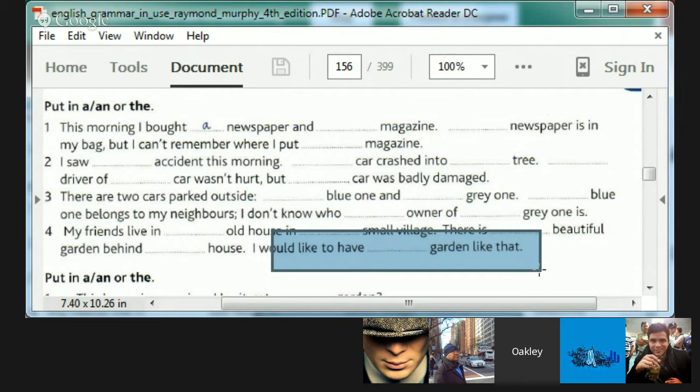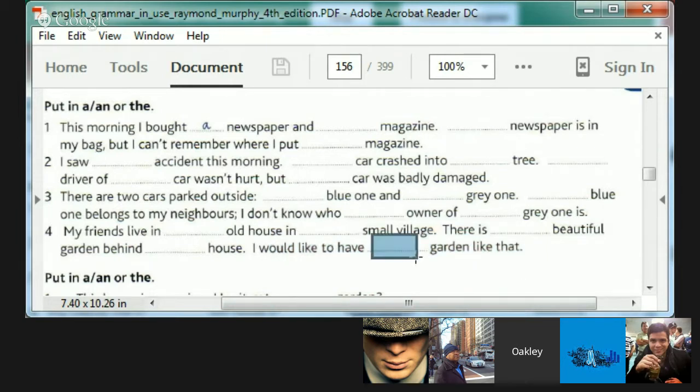It's not easy to explain. No, it isn't. That's why I was hoping you could do it for me. It is difficult to explain. When you talk about a similar garden, not exactly that garden behind the house, but something that may be similar to it, we use a.